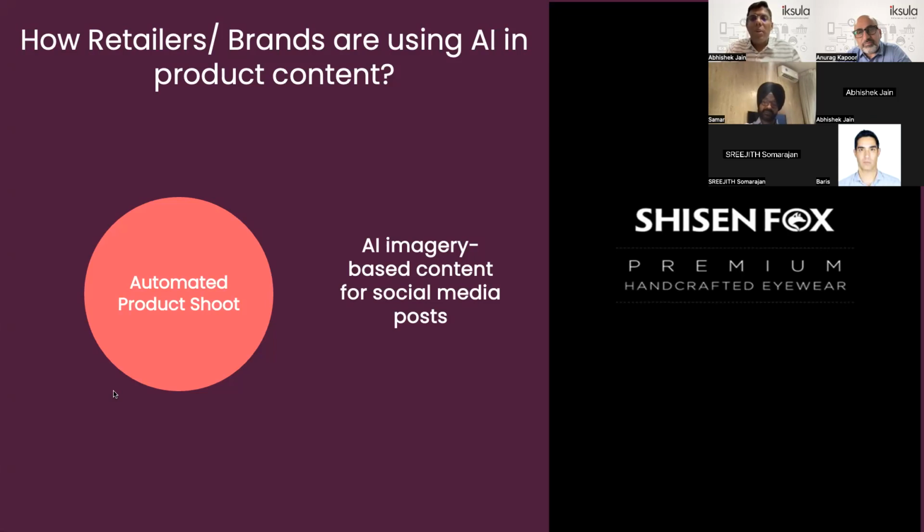Sure. So specifically, if we talk about this shoot, one is obviously you require skills on the AI side, and when I say AI, I mean prompt engineering, which you need to really perfect.